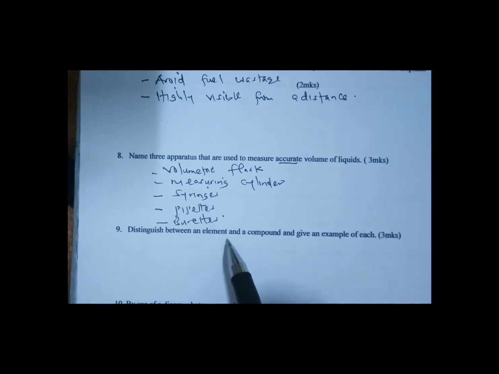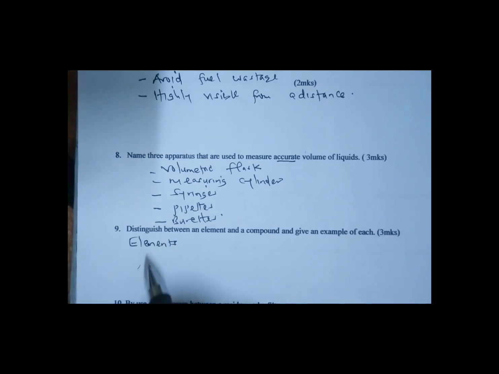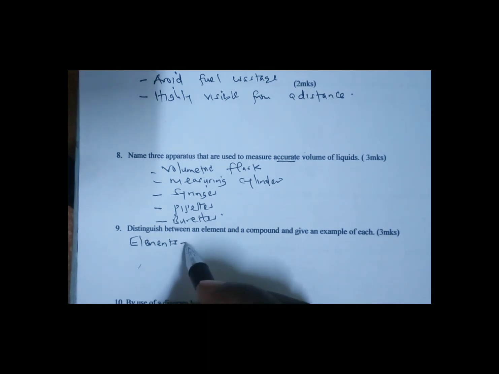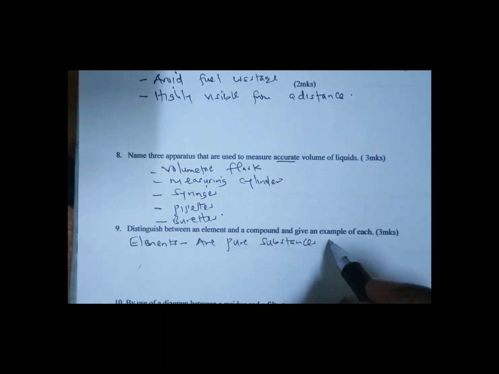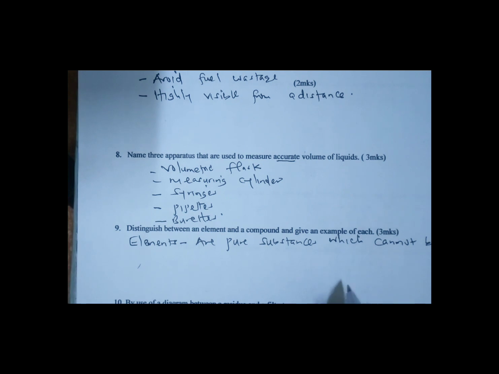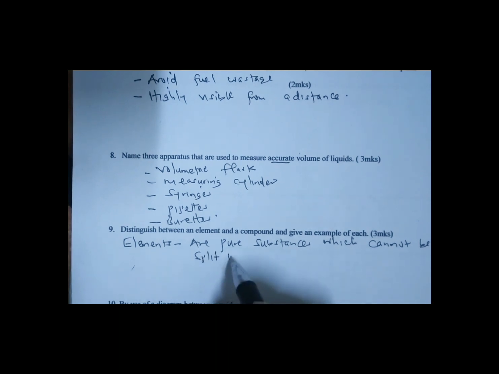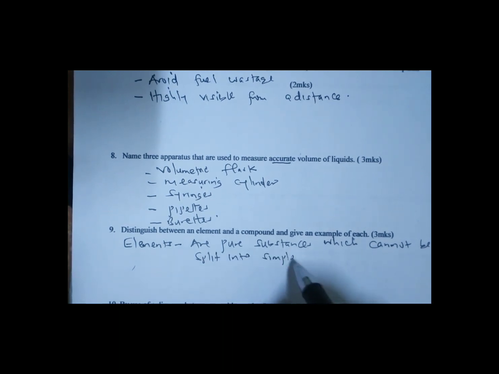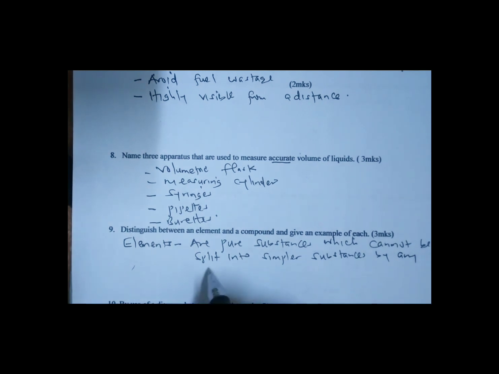Distinguish between an element and a compound and give an example of each. We said pure substances can be classified as elements and compounds, and we know from our Form 1 knowledge that elements are the pure substances which cannot be split into simpler substances by any chemical means.